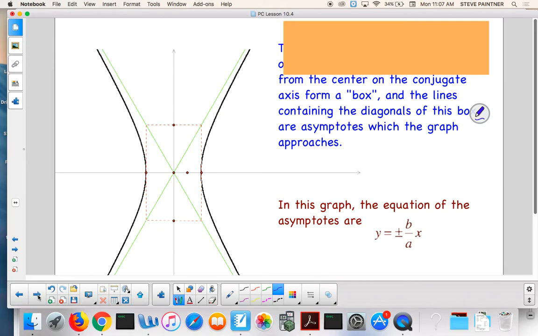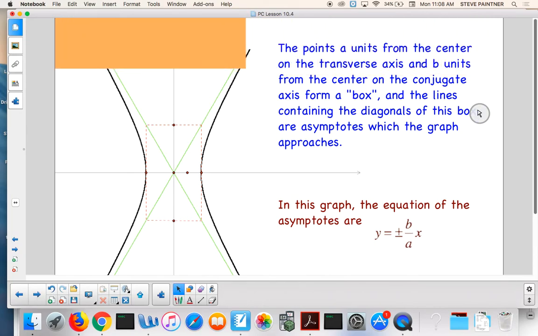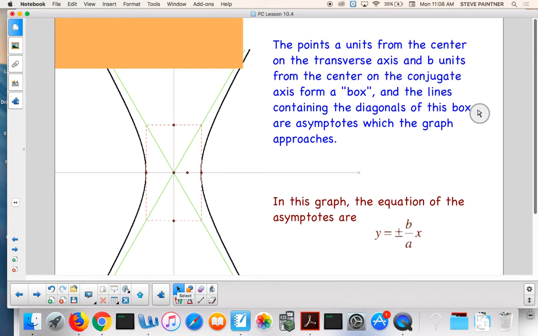All right, next. With your A's, B's, and C's, you're going to do this. Let me get rid of this. You're going to end up making a box with your A and your B. It says the points A units from the center on the transverse axis, and B units from the center on the conjugate axis form a box.